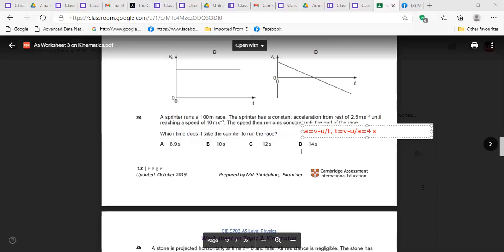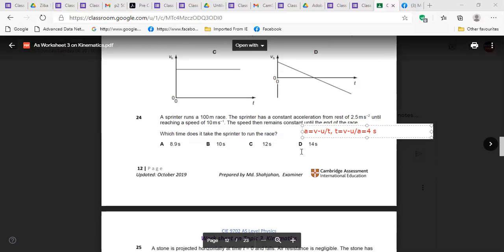So the rest 80 meter goes with constant speed, 10 meter per second, right? We have to find the time taken to pass that distance of 80 meter.